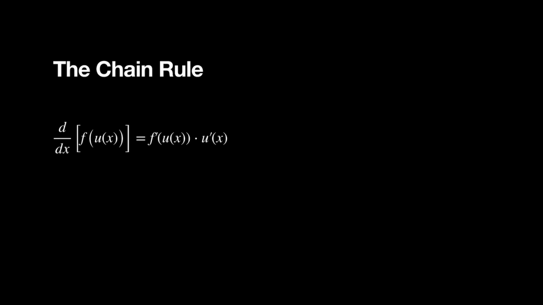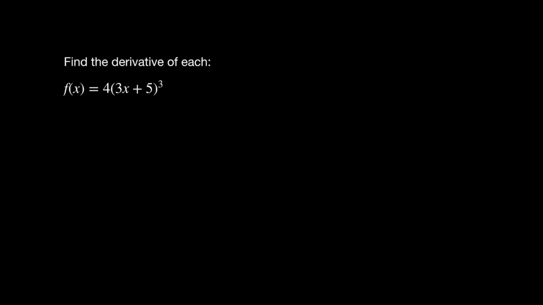Now, I think this will be a lot easier for me to explain by just doing an example. So I want to just dive into examples right away. So let's say we have the function f of x equals 4 times (3x plus 5) to the third. This is a composition in that I have something cubed, and it's not just an x cubed. It's something more complicated being cubed.